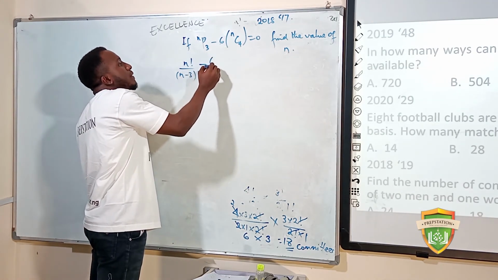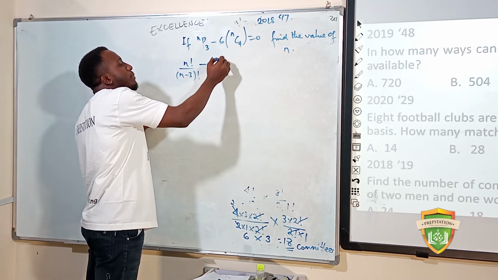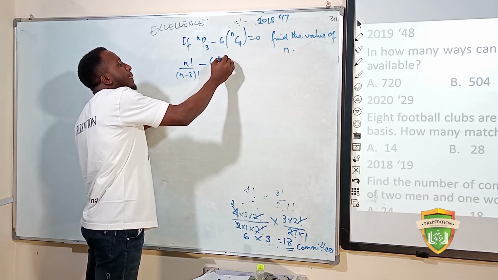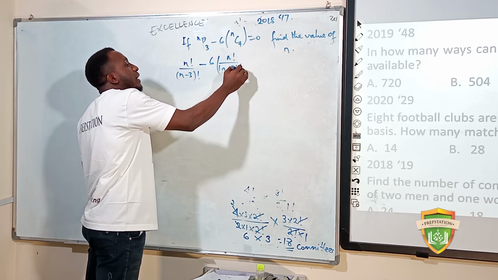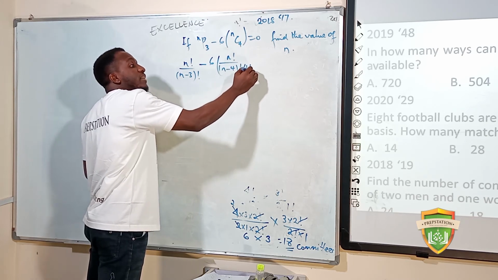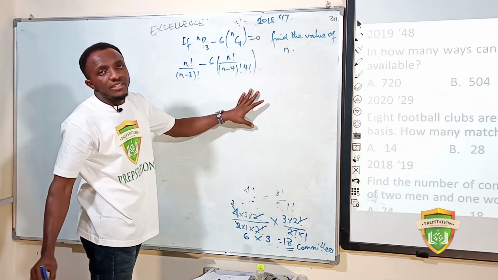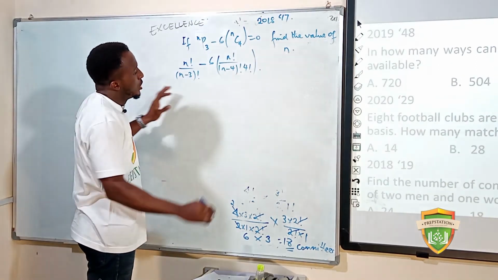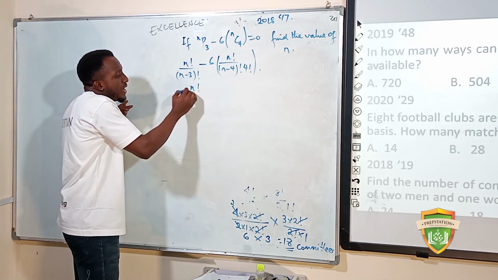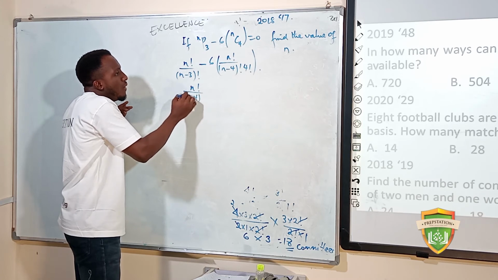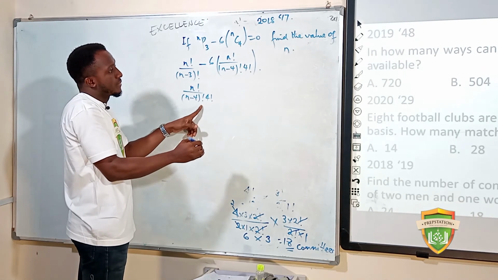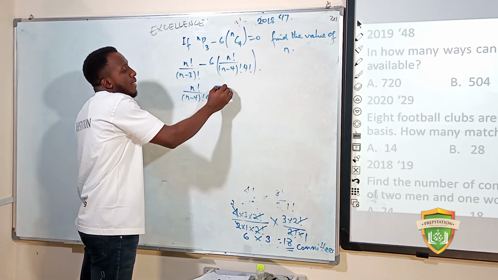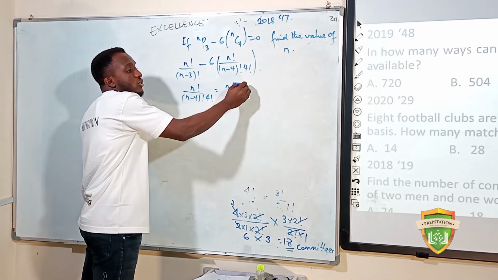Minus 6. Remember what nC4 is. It is n factorial over n minus 4 factorial, 4 factorial. So I'm going to take them one after the other. I'll take this one. So let's solve this one. n factorial over n minus 4 factorial, 4 factorial. Now look at this. Now this would give me n minus 1.